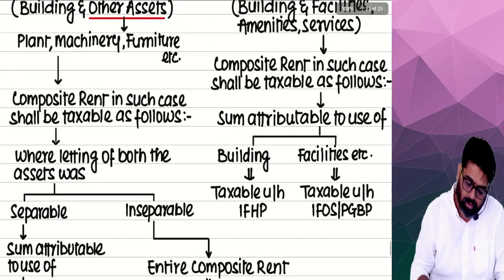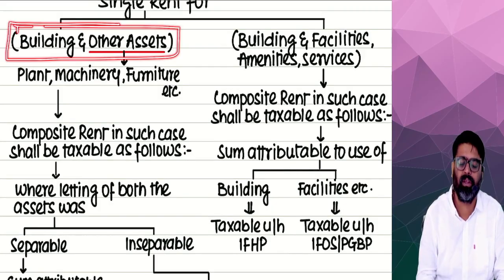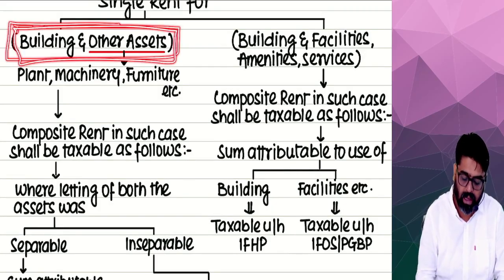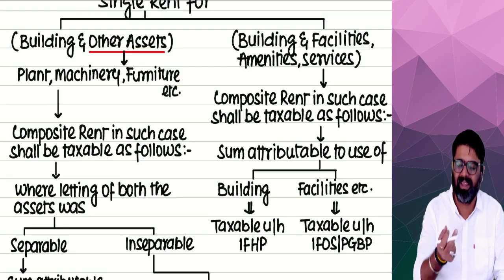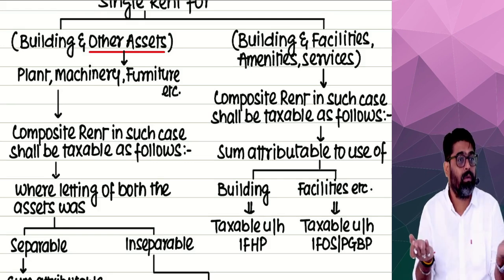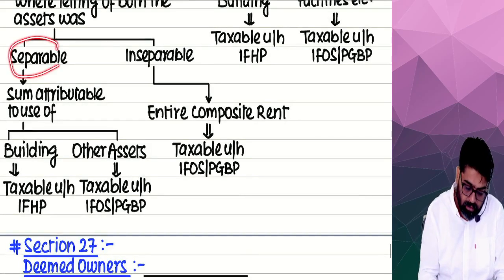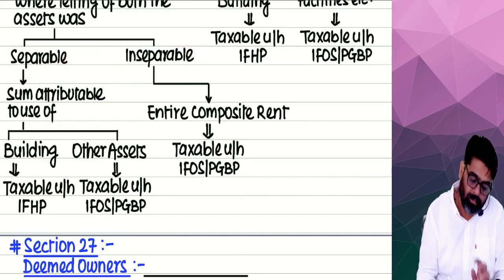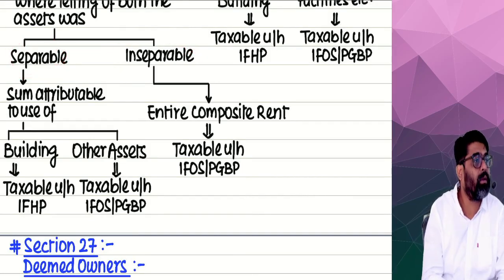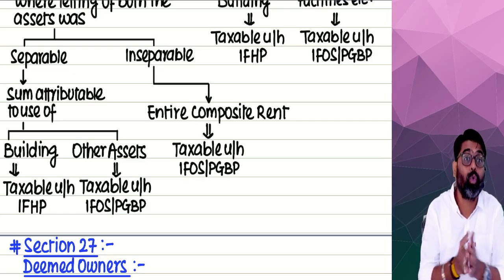So first you are supposed to check: am I letting the building with other assets? If the answer is yes, and for these two lettings I am getting a single rent, then that rent is combined rent. Now, whether to separate this rent or not depends on whether the lettings were separable or inseparable. Separable means both the assets can be given on rent separately, but you still have given them on rent together.